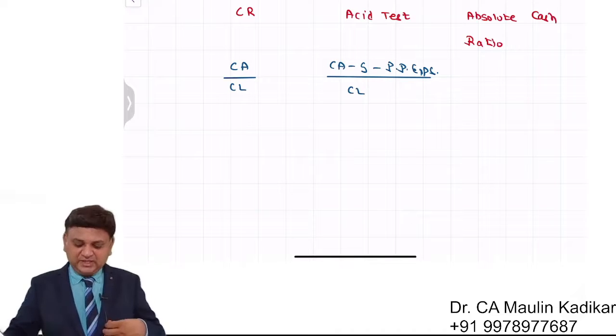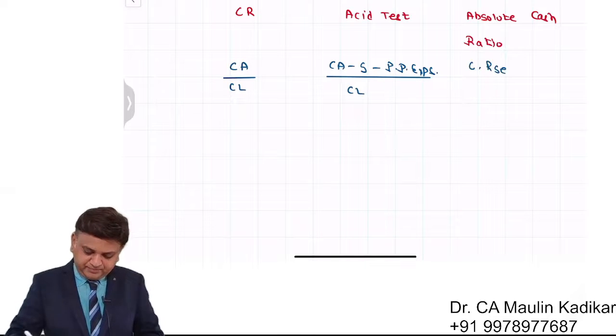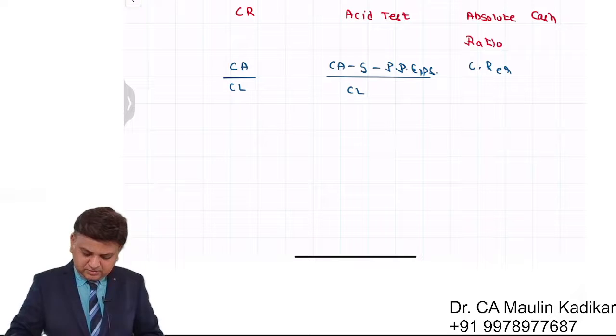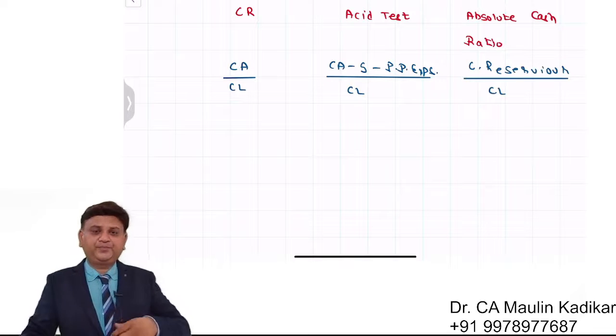What will happen, friends? In the numerator we will have the cash reserve. What does that mean? It is the amount of the cash balance that you have right now.